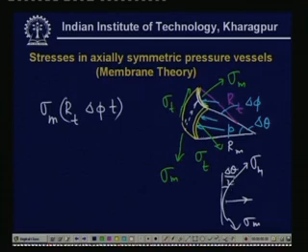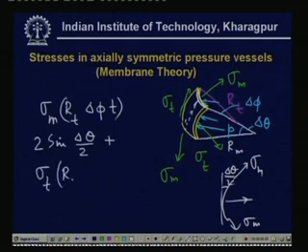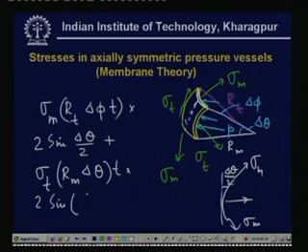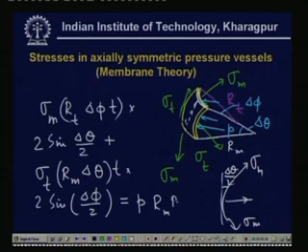So, the total component along the radial direction is sin delta theta by 2, plus of course, we have the other component, that is sigma t, again R m delta theta t times twice sin delta phi divided by 2, again due to the same considerations, and that will be equal to P, and the total area over which P is acting will be R m times R t delta theta times delta phi. So, this is now the expression.